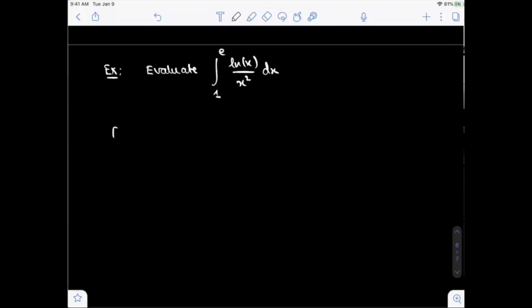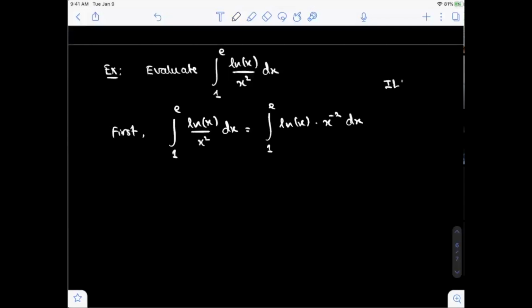So first, what you can do is rewrite this integral, instead of fractions, as the multiplication ln of x times x to the negative 2 dx. So you see that using ILATE, L is the logarithmic function, in this case ln of x, and x to the negative 2 is the algebraic function.